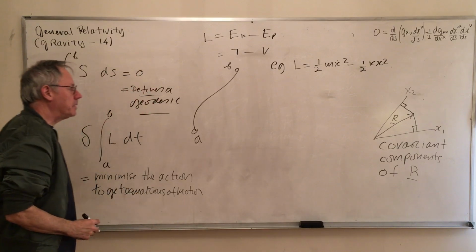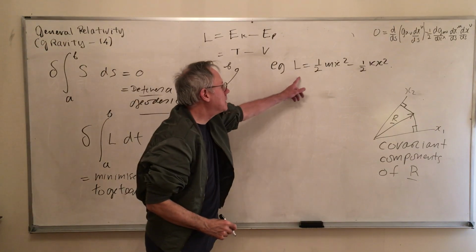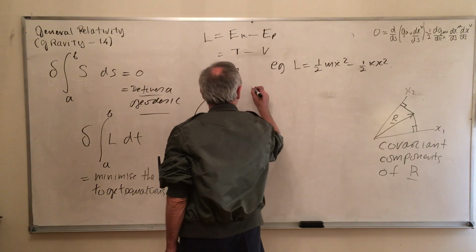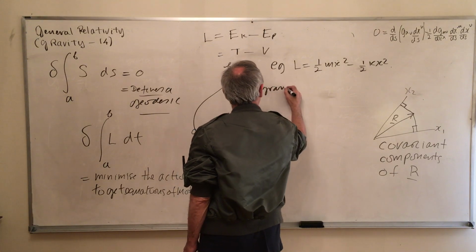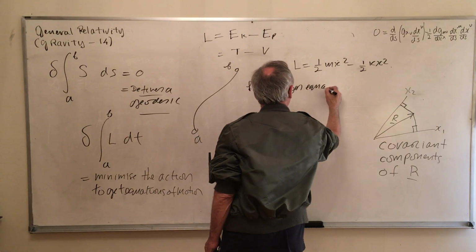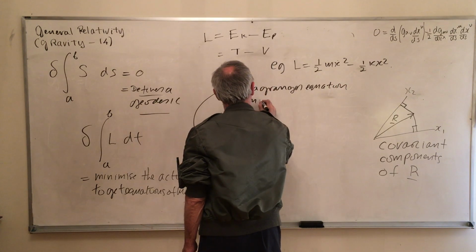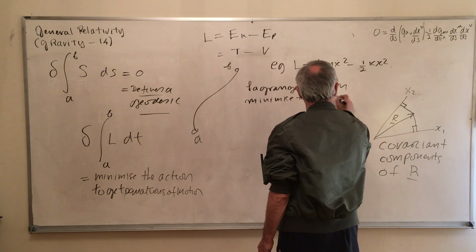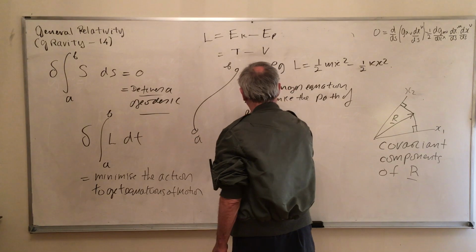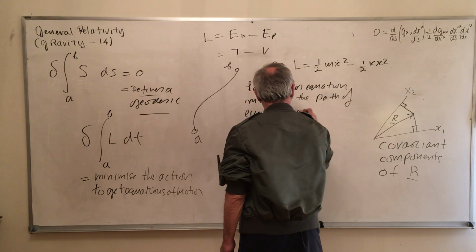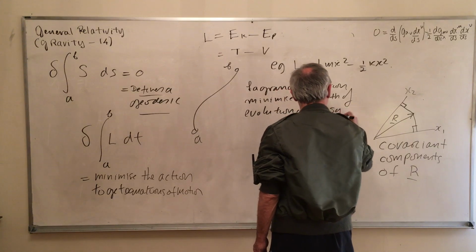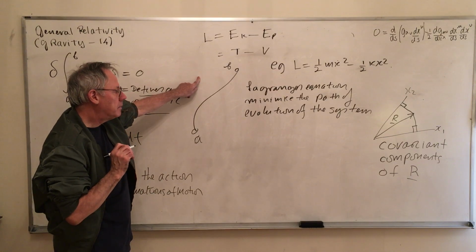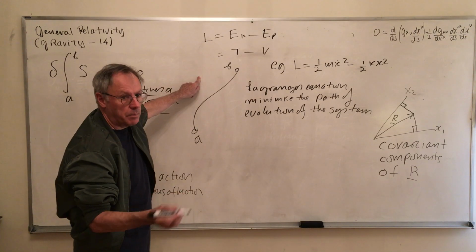Let's take a spring, for example. What's the condition that this is the minimum? We apply Lagrange's equation. The path between A and B is made into a minimum by nature actually.